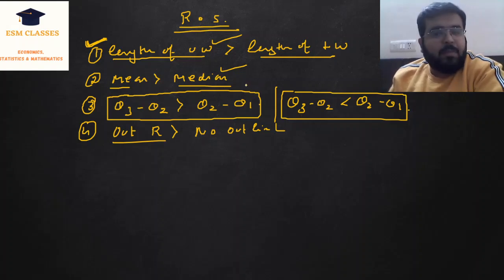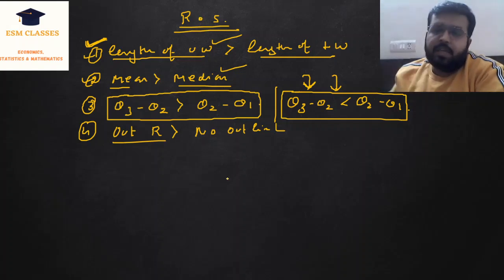In one of the odd cases, there might be a contradiction. So two of these conditions are satisfied, but the third condition says that this holds true. Don't worry, guys. In this case also, your diagram or your data set is right skewed. So basically, in this case, my diagram will look like this.